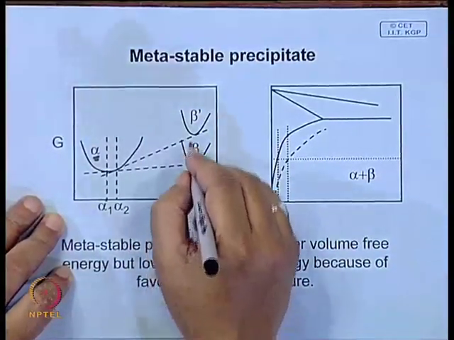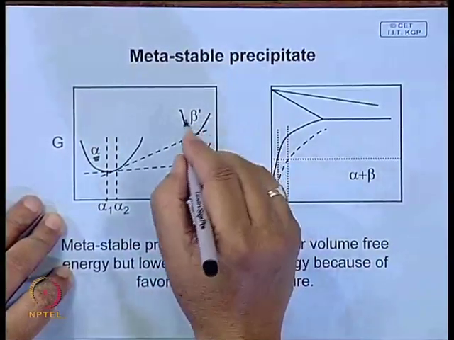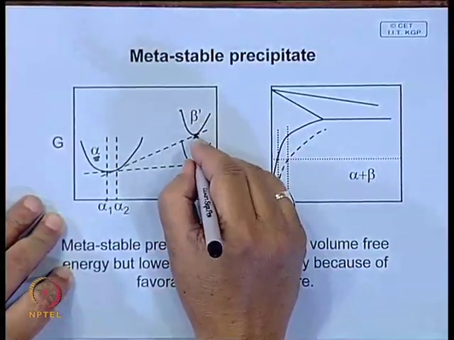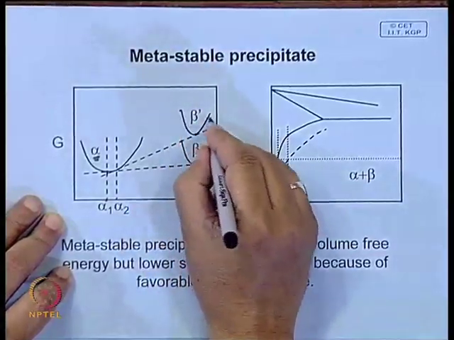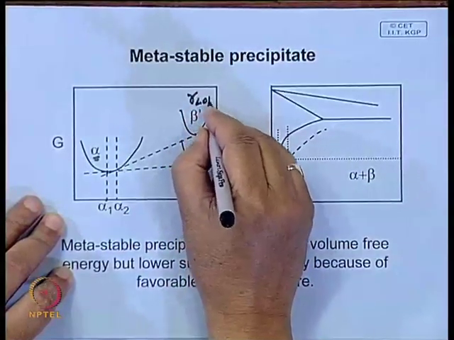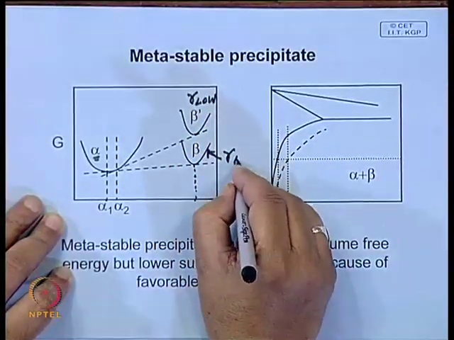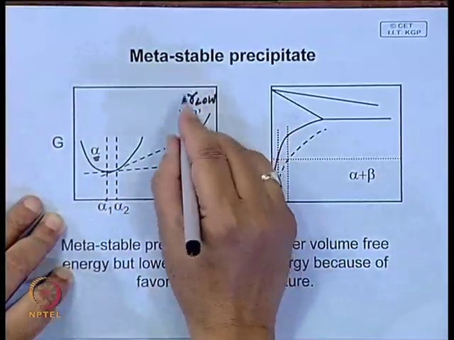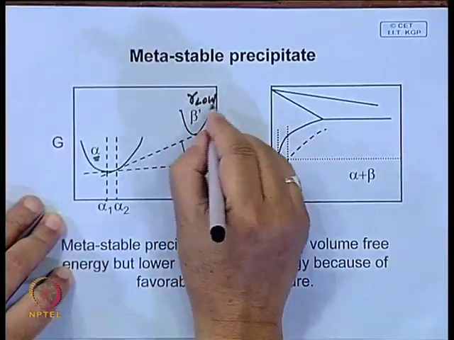Whereas, if you have a metastable precipitate, a coherent precipitate, say something which is shown here, thermodynamically it is a little unstable, so it has higher free energy, but look at what happens here. This has low gamma, it is coherent, whereas the stable incoherent precipitate has high gamma. Now, with low gamma, it is preferred because it will have a low activation hill to overcome.